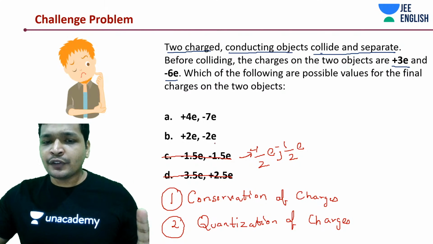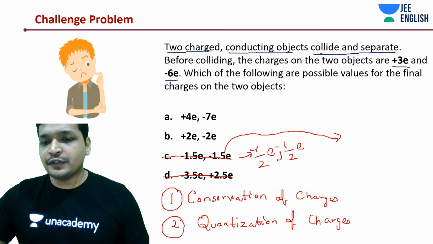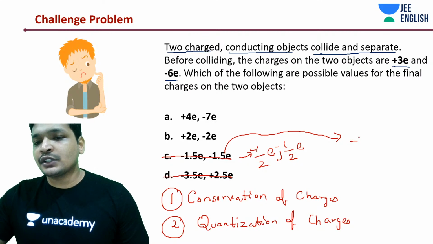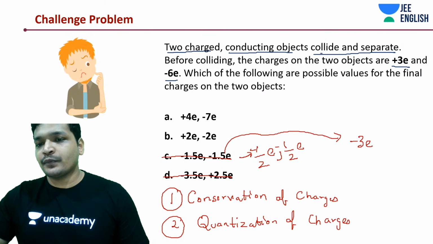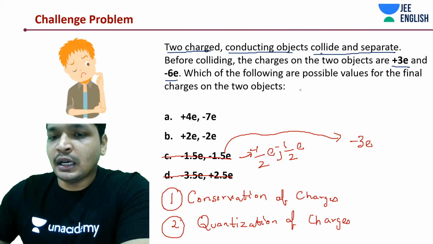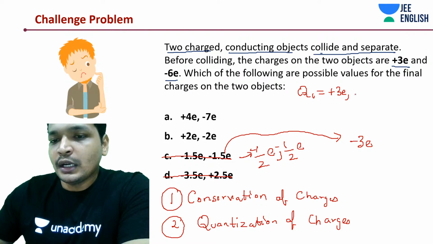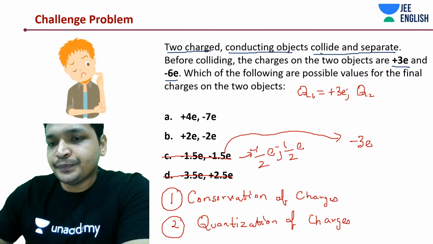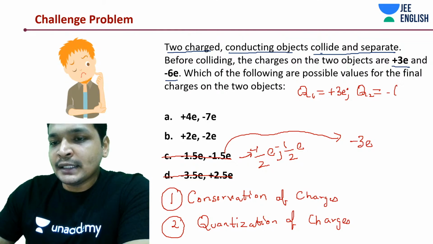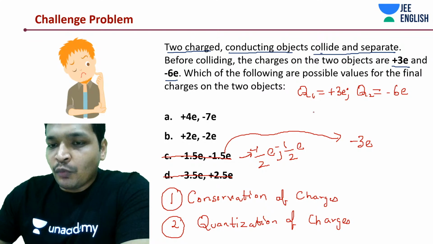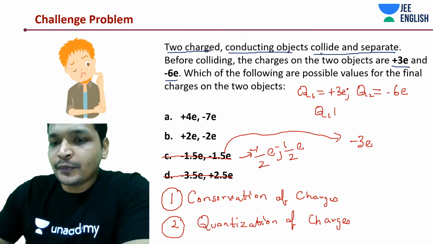Similarly, in this case, even though you notice this is following conservation of charge, if you add up both of them, it's going to give you minus 3. Let's say Q1 is plus 3 and Q2 is minus 6. What is the value of Q1 plus Q2?